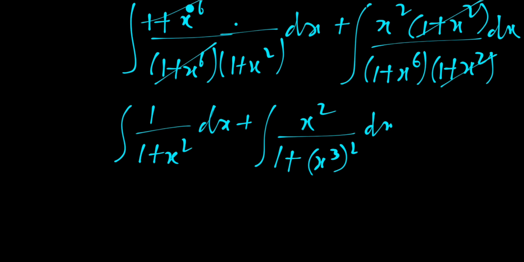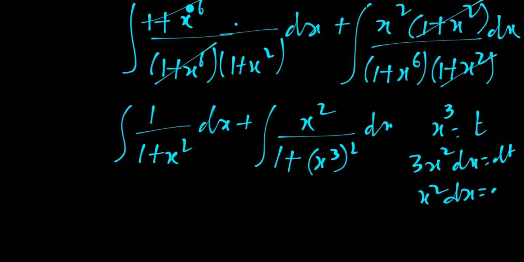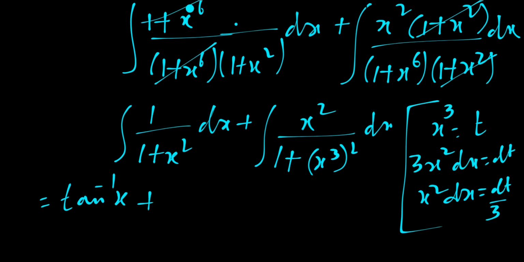I'll take here, put x cube is equal to t, 3x square dx is equal to dt, x square dx is equal to dt by 3. Only for the second part. First part is already tan inverse x, since integration of 1 by 1 plus x square is tan inverse x.